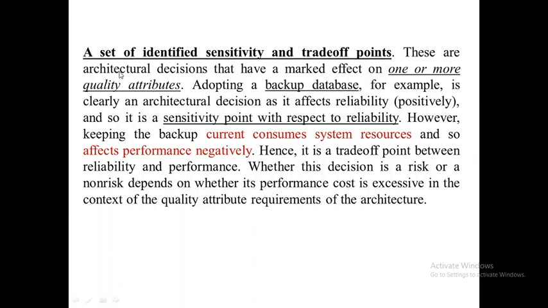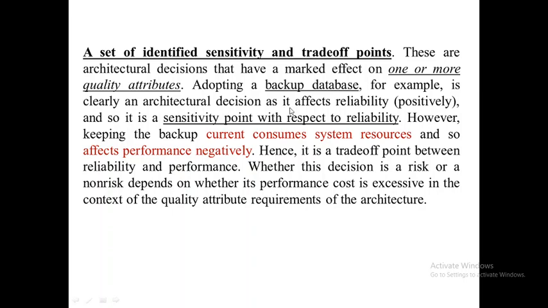Next one, a set of identified sensitivity and trade-off points. I have already explained what a trade-off is. There is a trade-off between the sensitivity points and critical points. We have already discussed one example, performance versus security. For example, consider people want proper reliability. To give reliability, we offer backup and redundancy of the services.